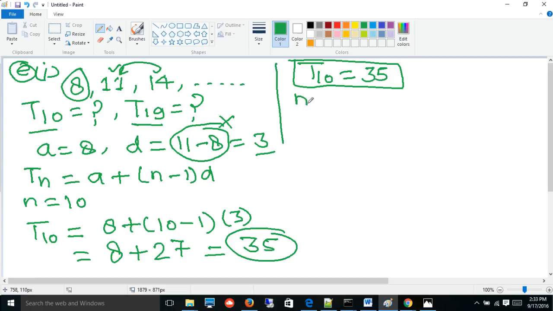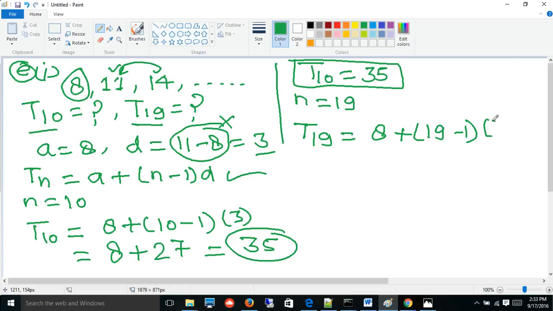Now we will put the value of n as 19. So we will use this formula again: Tn equals a plus n minus 1 times d. The value of n is 19, a is 8, and d is 3.